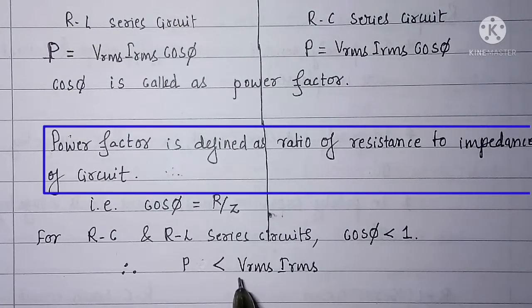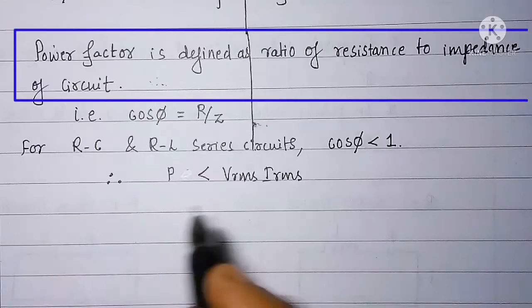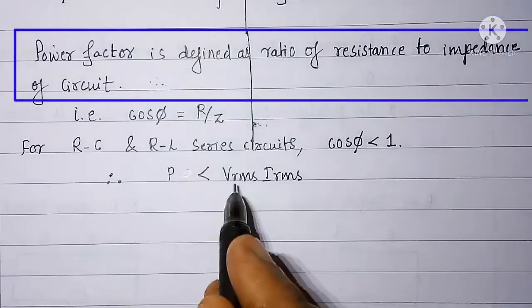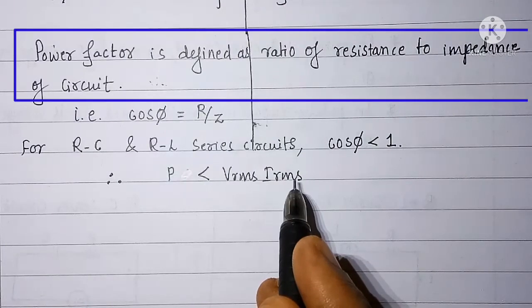Therefore, P is less than Vrms into Irms. Vrms into Irms is called as apparent power.